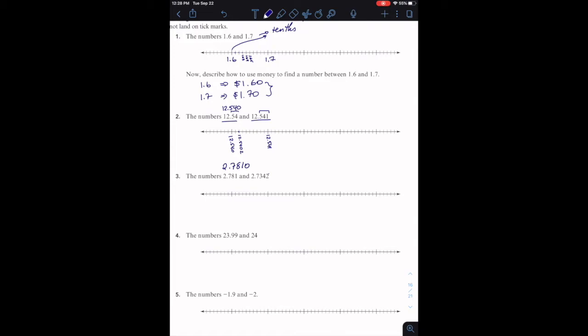We don't have 500 ticks on this number line. There's just no way we'd be able to use these as ten-thousandths, or even these as ten-thousandths. So if we don't, then could we use the smaller tick marks as thousandths instead? Let's try to use these ones as thousandths.